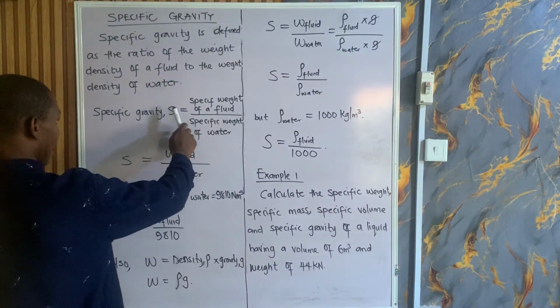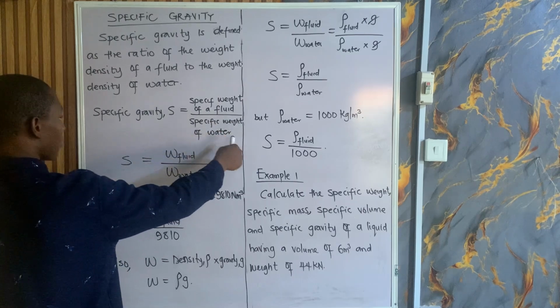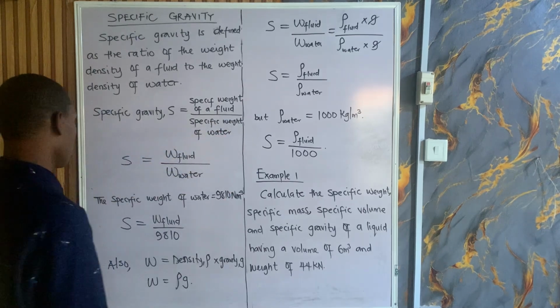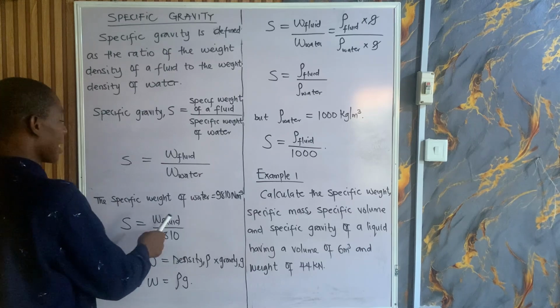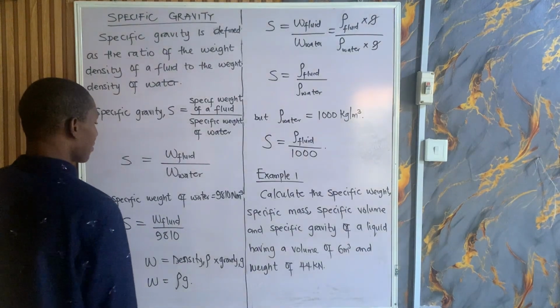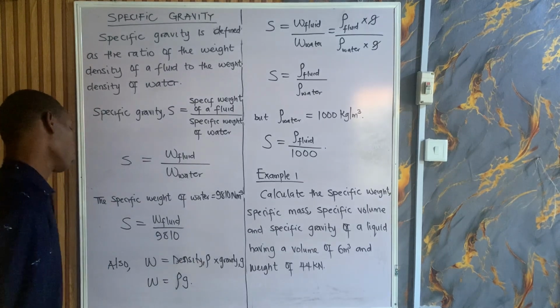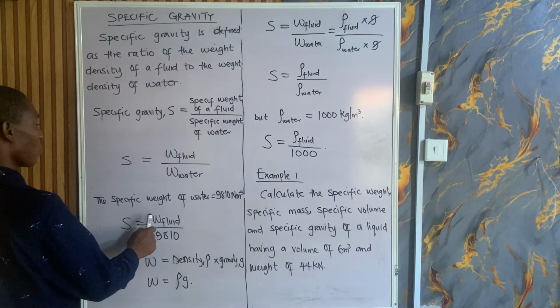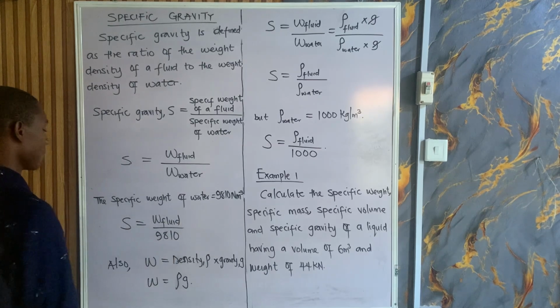Specific gravity, like I said, is specific weight of a fluid divided by specific weight of water, represented with S. But we know that specific weight of water is a constant actually, 9,810 Newton per meter cube. So we can say specific gravity is the specific weight of the fluid over 9,810.